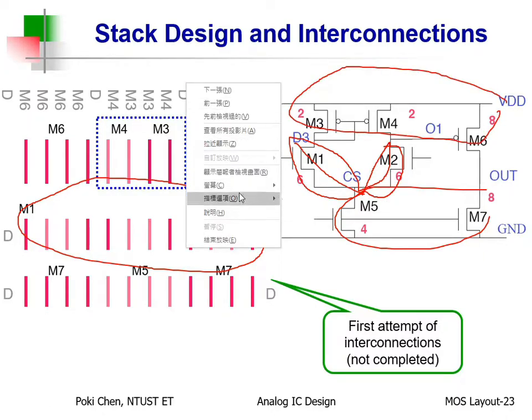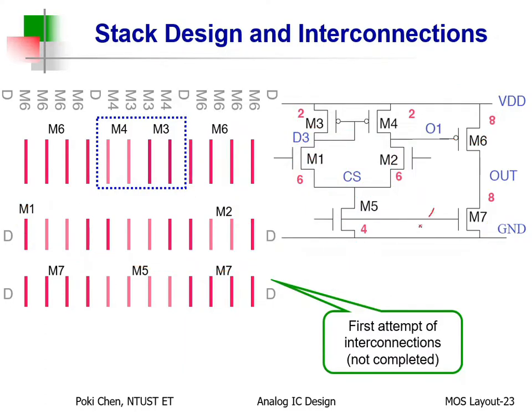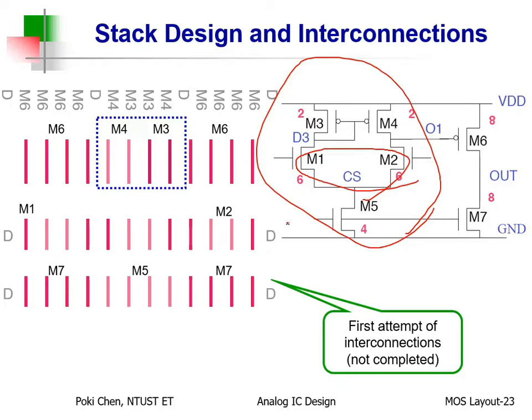Because for differential amplifier, the most important one is the differential pair, M1 and M2. And the second most important one actually is the active load, M3 and M4. All those contribute to VOS. So you had better have some kind of common centroid layout for M3 and M4.